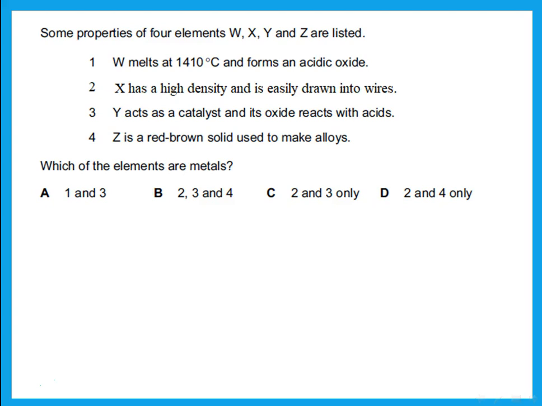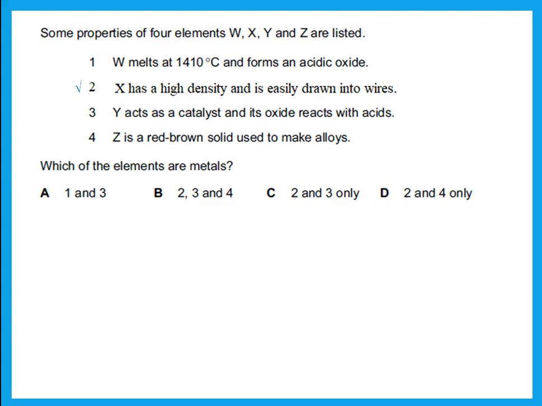Okay, let's look at number 2. Number 2 says X has a high density and is easily drawn into wires. Well, does that apply to metals? Yes, we said metals are ductile, easily drawn into wires, so X would be a metal. Y acts as a catalyst and its oxide reacts with acids. Well, which ones in the periodic table act as catalysts?